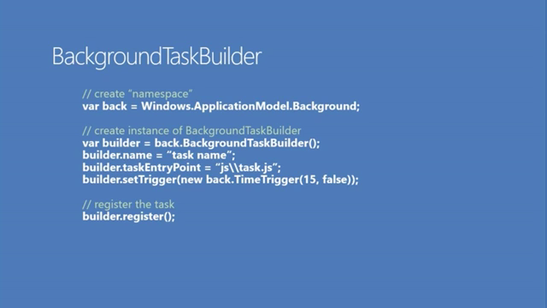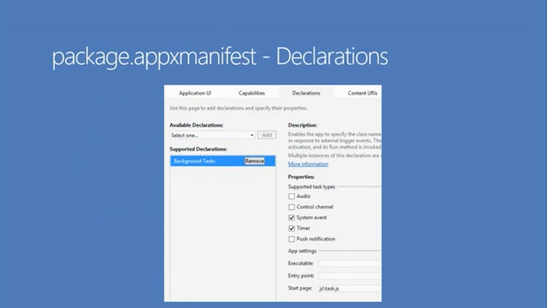And then I create a background task builder, give the task a name, let the builder know what the entry point is, and notice that I'm using the two backslashes there in the JS backslash task in order to actually make that one single backslash when it gets interpreted. And then I assign the builder what's called a trigger. And if you think about it, triggers, which I'm going to get into shortly, are what make it possible for you to actually invoke these background tasks. And then finally, you register the task.